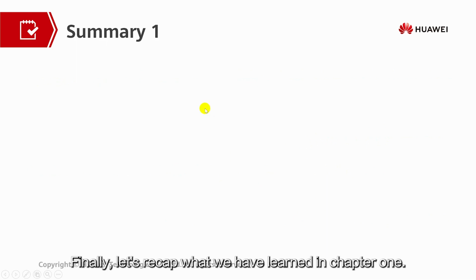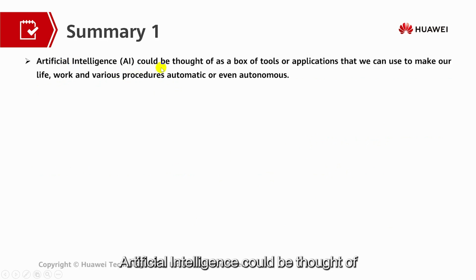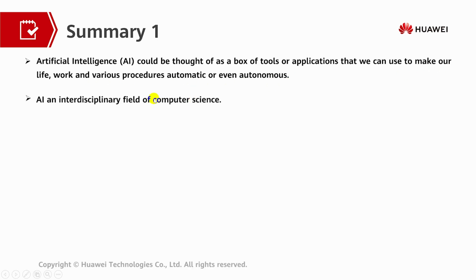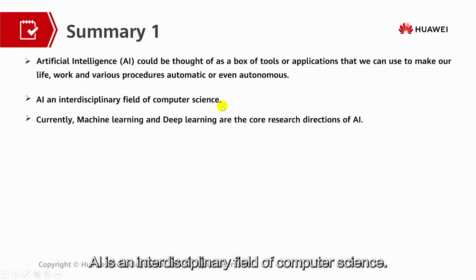Finally, let's recap what we have learned in Chapter 1. Artificial intelligence could be thought of as a box of tools or applications that we can use to make our life, work, and various procedures automatic or even autonomous. AI is an interdisciplinary field of computer science.